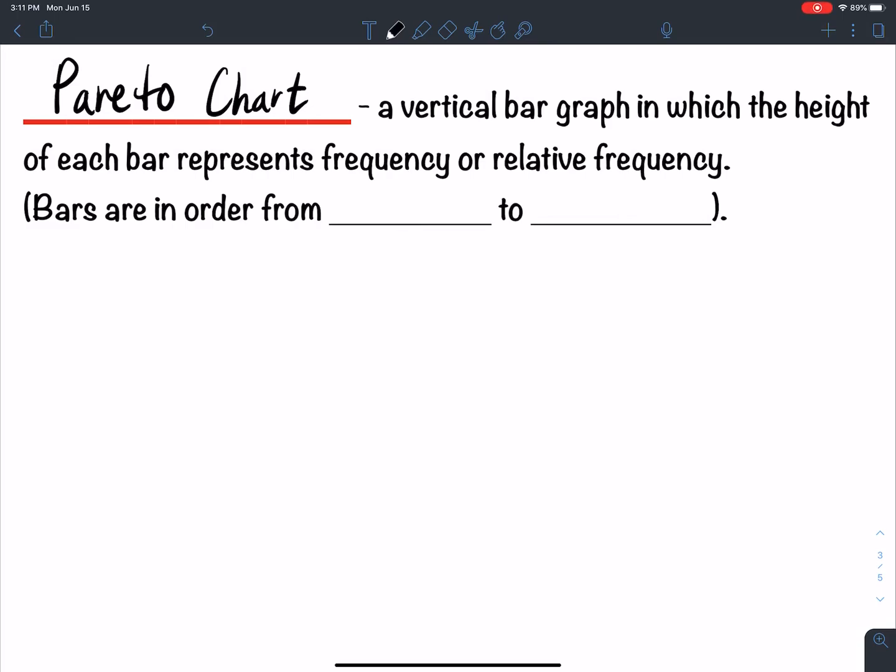The Pareto chart. A Pareto chart is a vertical bar graph in which the height of each bar represents the frequency or potentially the relative frequency.